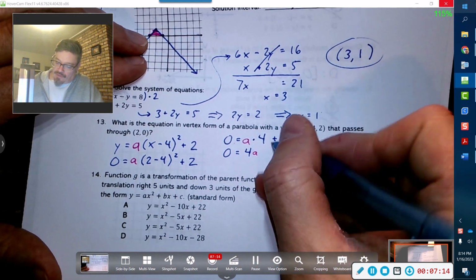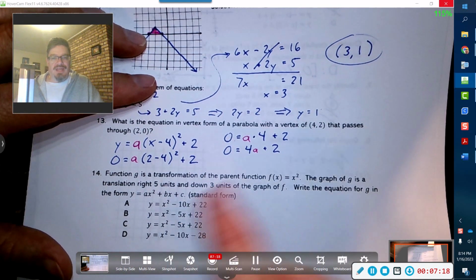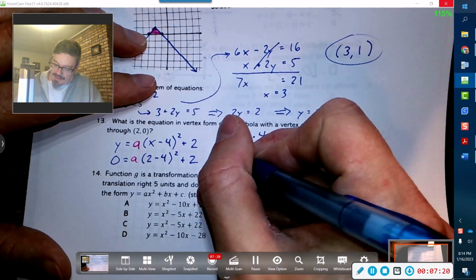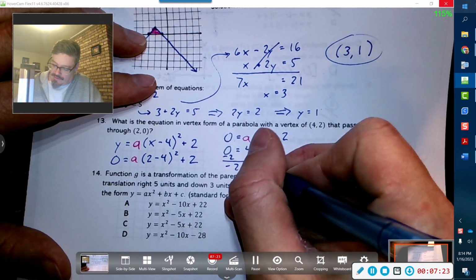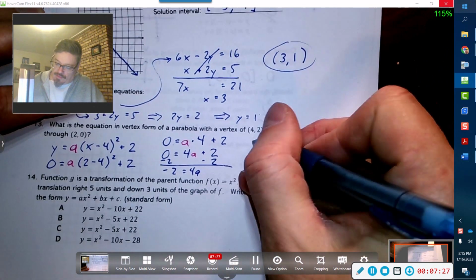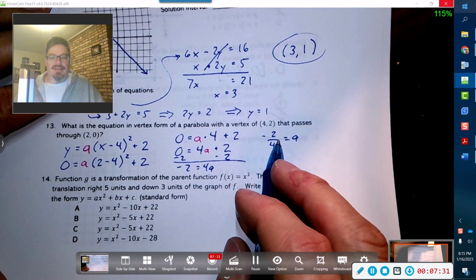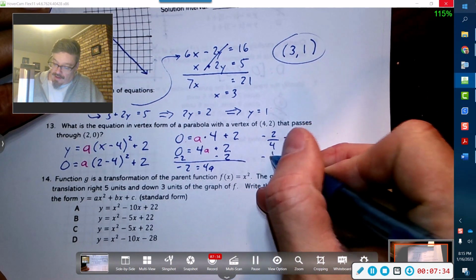A times 4 is just 4A. What I've got is a two-step equation. Subtract 2 from both sides: negative 2 equals 4A. Then divide by 4, and this simplifies to negative 1/2.